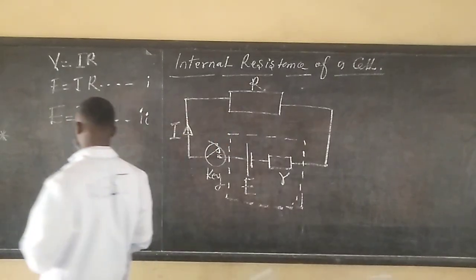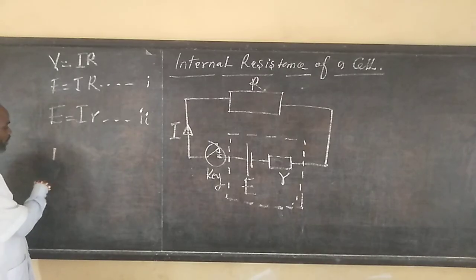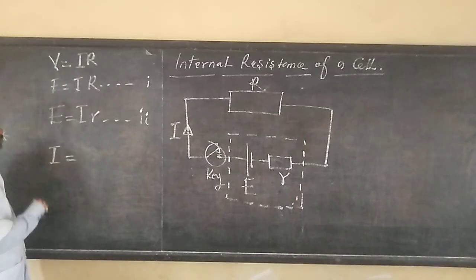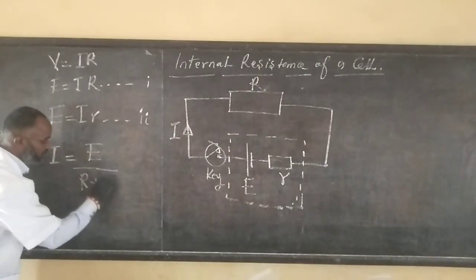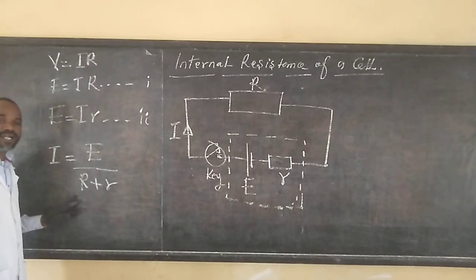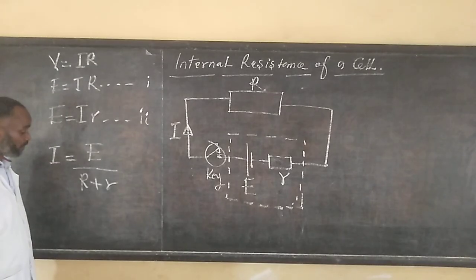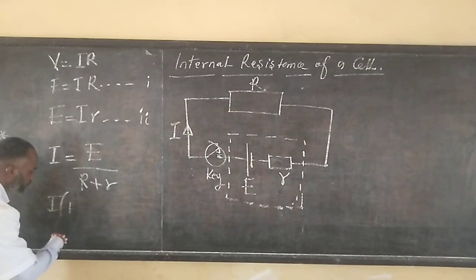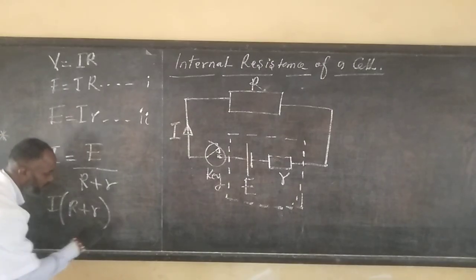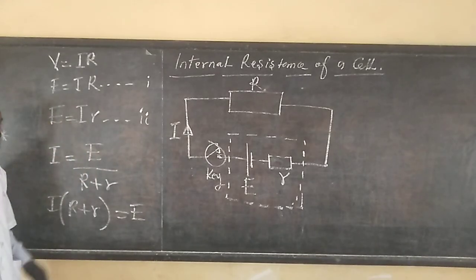And we can define them using a particular formula, which is given as I, the current flowing in the circuit, is equal to E over capital R plus small r. That is it. If we simplify further, we have I, bracket open, capital R plus small r, bracket close, all equals E. That is what will happen exactly if we simplify further.